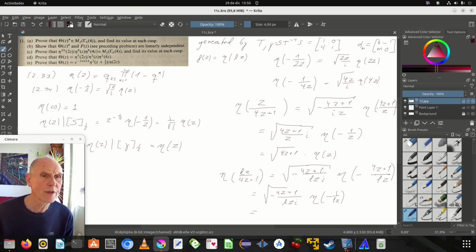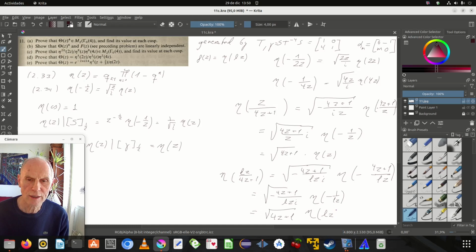And this then gives square root of Lz divided by I. And then the reciprocal, which is Lz. Now, where did the L go? It should have been under the square root sign. I'll just correct it a little.